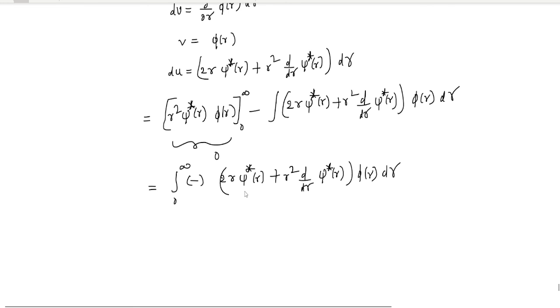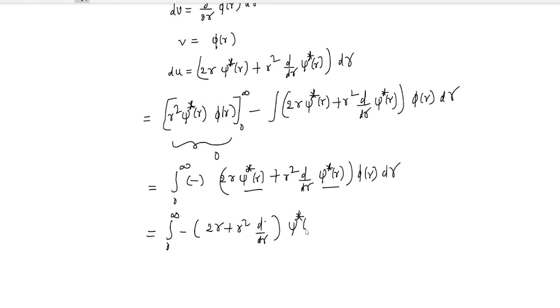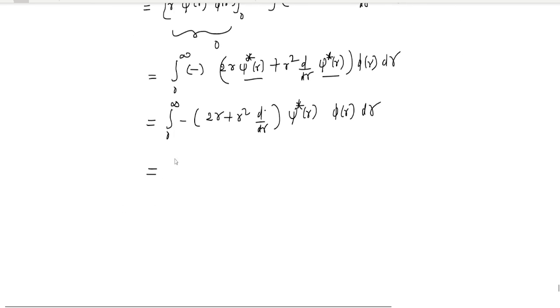So I'm going to take the common term out, and it is better to divide this entire thing. The integral from 0 to infinity of minus 2r plus r² d/dr acting on ψ*(r), times φ(r) dr. So I'm going to write this as minus 2 divided by r minus ∂/∂r.